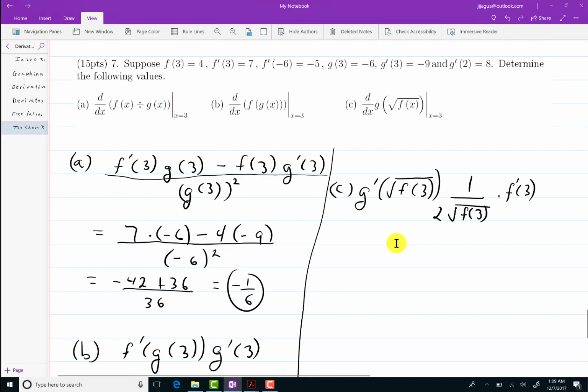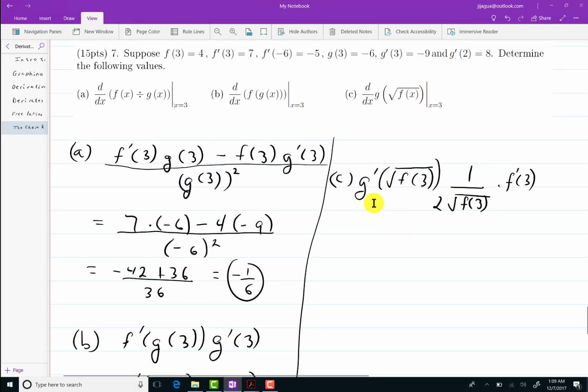Now let's take a look at the numbers. Start with f of 3, that's 4. So I'm going to get g prime of the square root of 4. And f of 3, I already know is still 4, so that's times 1 over 2 radical 4. And then f prime of 3 was 7.